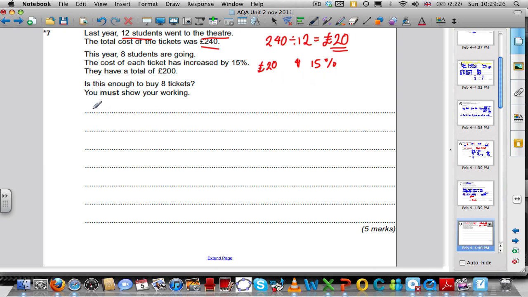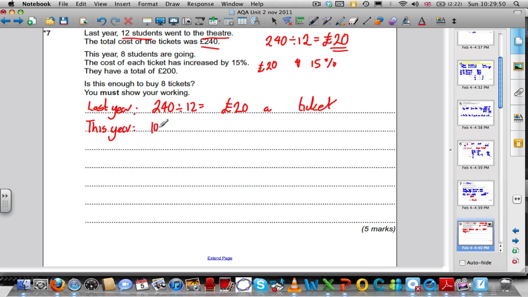So I'll actually write my workings down here. Last year's price: the cost was 240 divided by 12, which is £20 a ticket. This year, it's gone up by 15%.